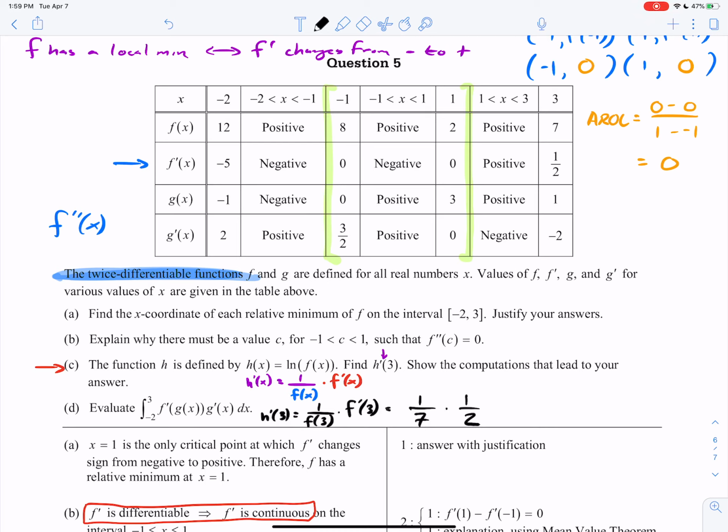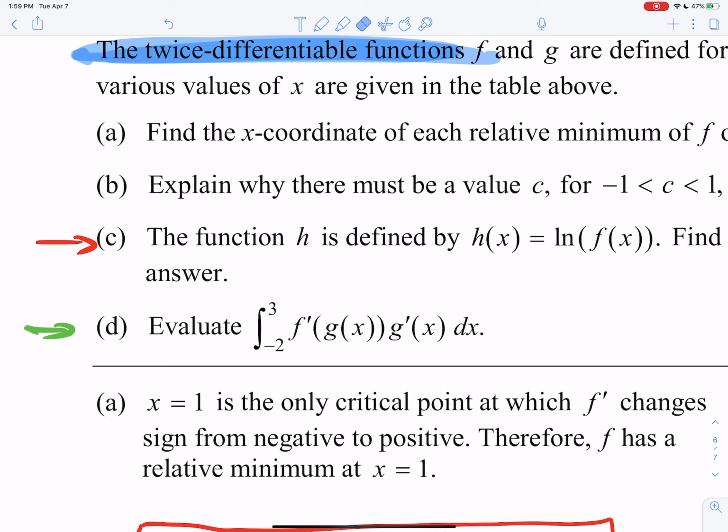Here's the last one, part D. Evaluate this initially complicated looking integral. I noticed right away, let me erase this so that we have room, that there is a function inside of another function.